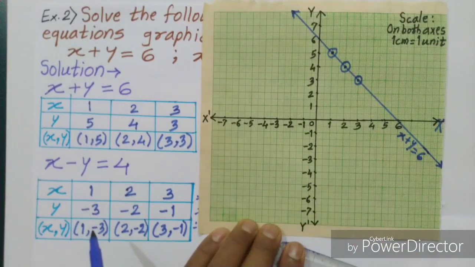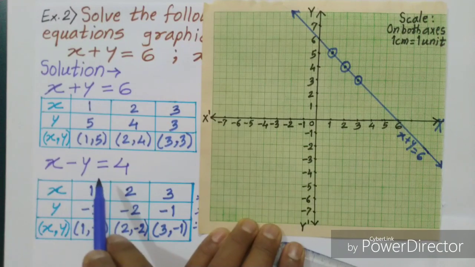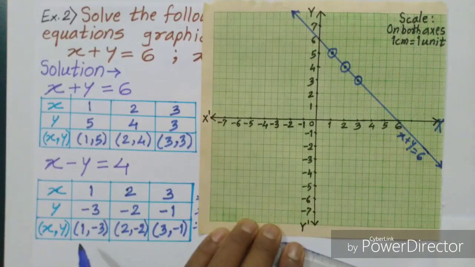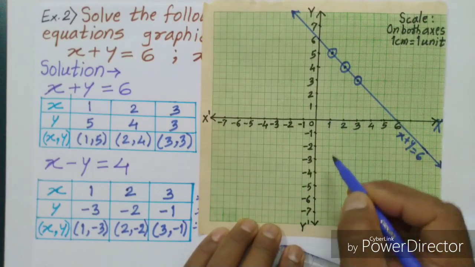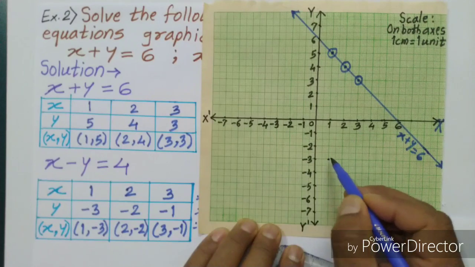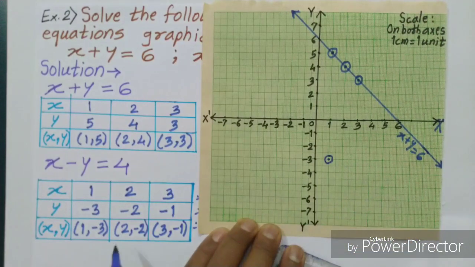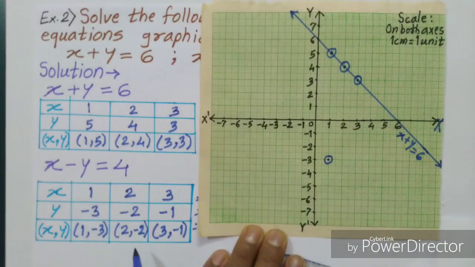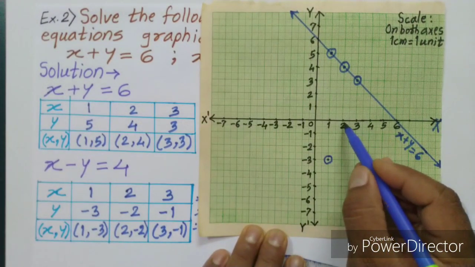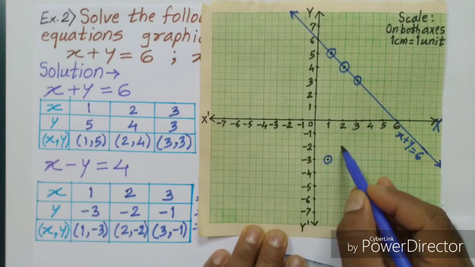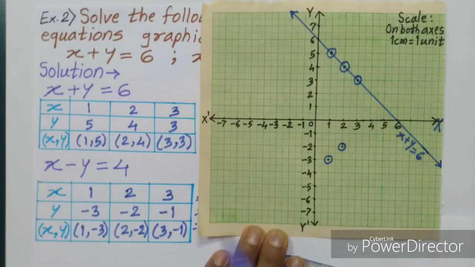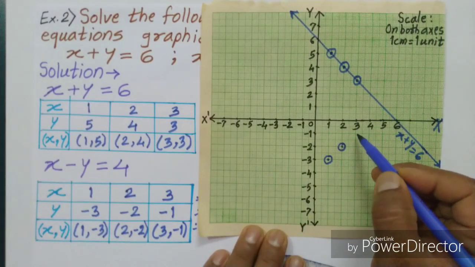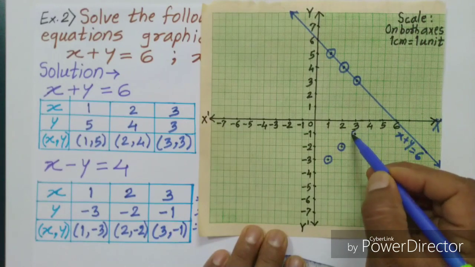Then for the second equation we draw another straight line. The first point is (1, minus 3). The x coordinate is 1 and the y coordinate is minus 3. Point there. The second point (2, minus 2). The x coordinate is 2 and the y coordinate is minus 2. Plot the point. The third point is (3, minus 1). The x coordinate 3, y coordinate minus 1.